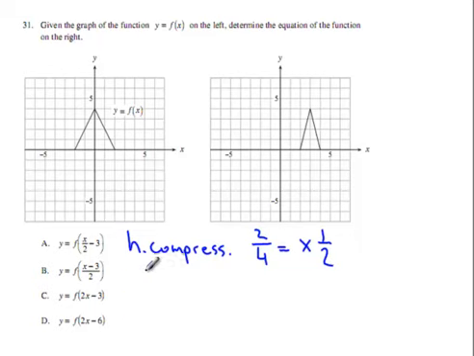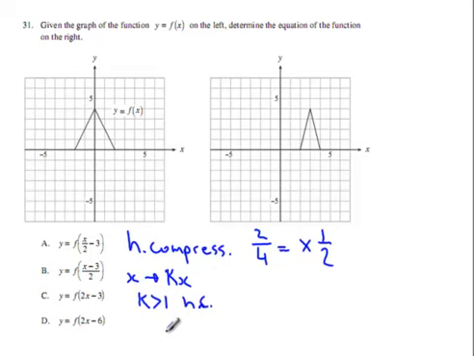So thinking about a horizontal compression, x is transformed into kx, where if k is bigger than 1, we have a horizontal compression.